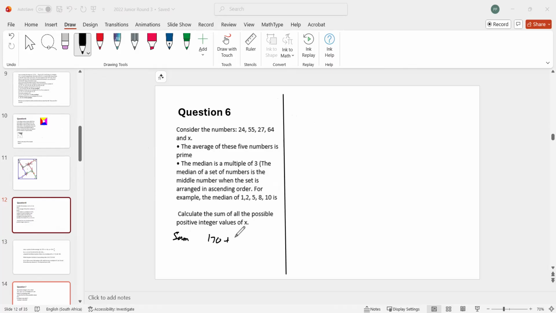So when you add the 5 numbers, you get 170 plus x. So the average equals these 5 numbers divided by 5. So you divide 170 by 5, 34, and you have x divided by 5. Right.